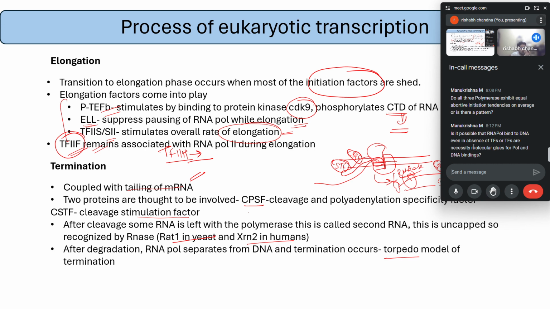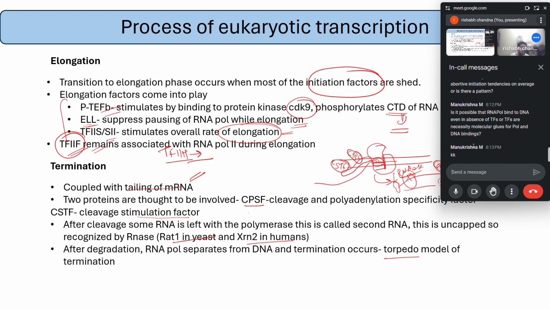So how strong or weak the promoter is also depends upon the abortive initiation. So it depends upon the RNA polymerase, the promoter type, and the number and frequency of transcriptions. Okay, any more doubts?